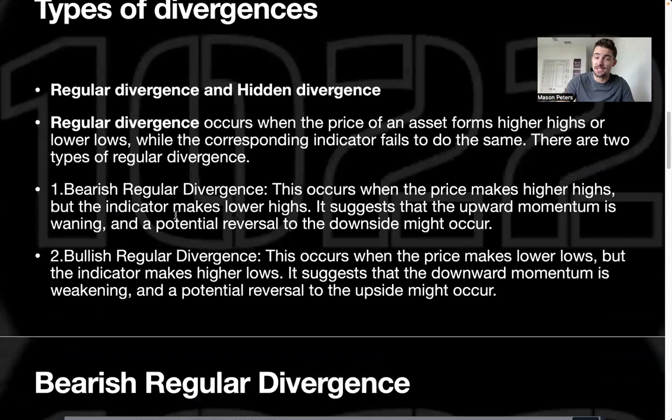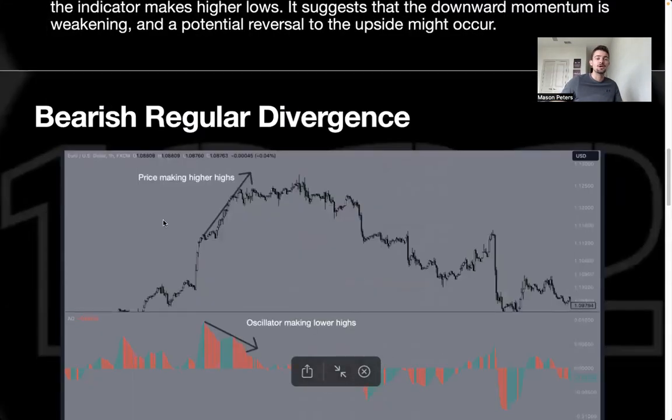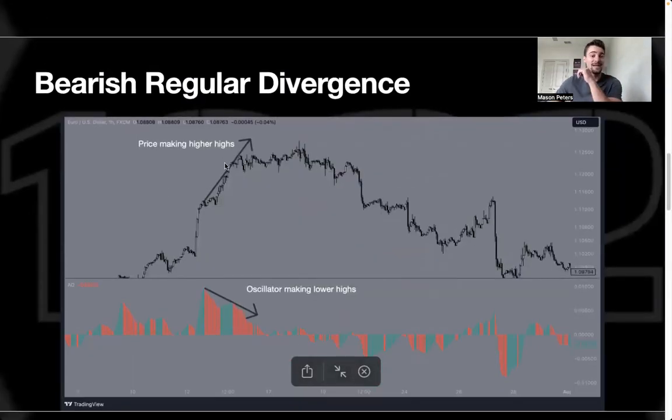This suggests that the upward momentum is waning and a potential reversal to the downside may occur. So notice how when that divergence formed, the selling momentum increased, but the buying decreased, and it did shift into selling momentum. Interesting, right?